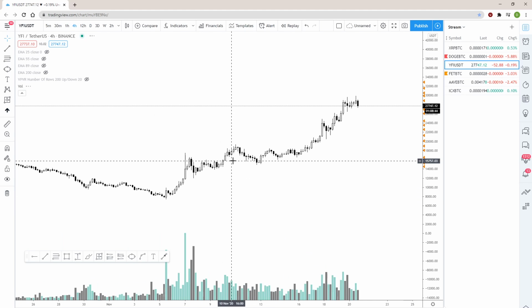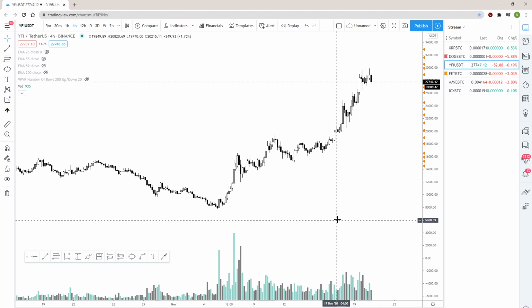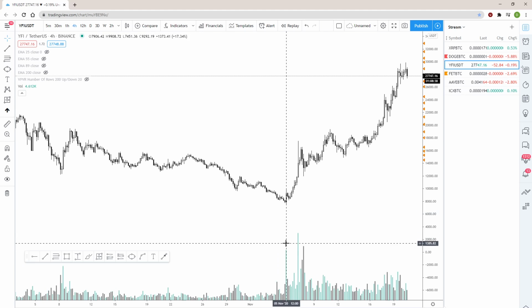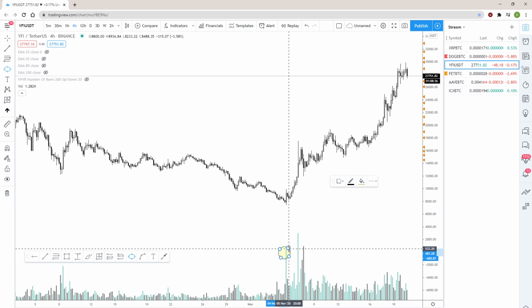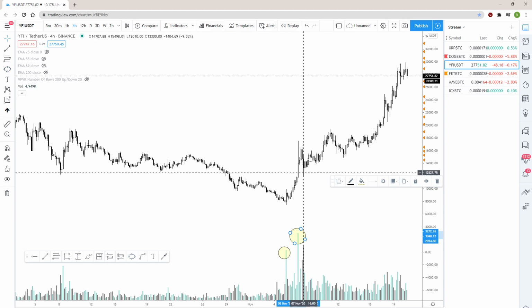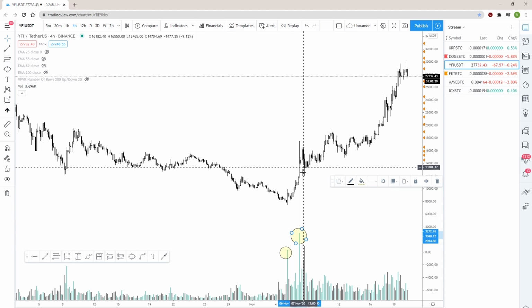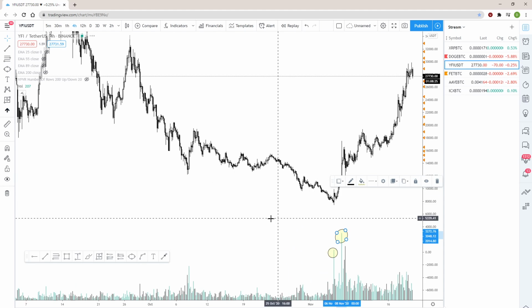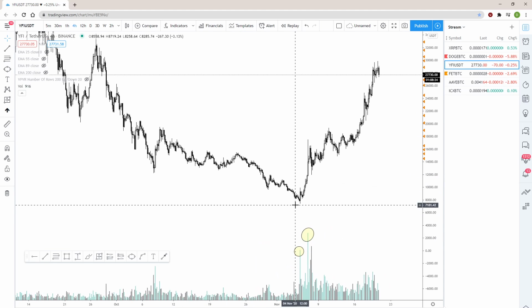Anyways, you can see this on lower time frame charts as well. When you see volume like this, and you see more follow-up later, this usually means that the trend is probably done in the short term, meaning this downtrend is probably getting close to finished.